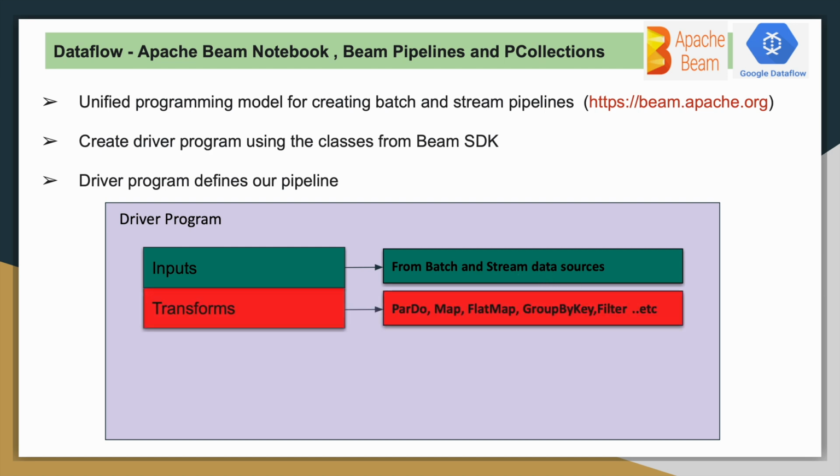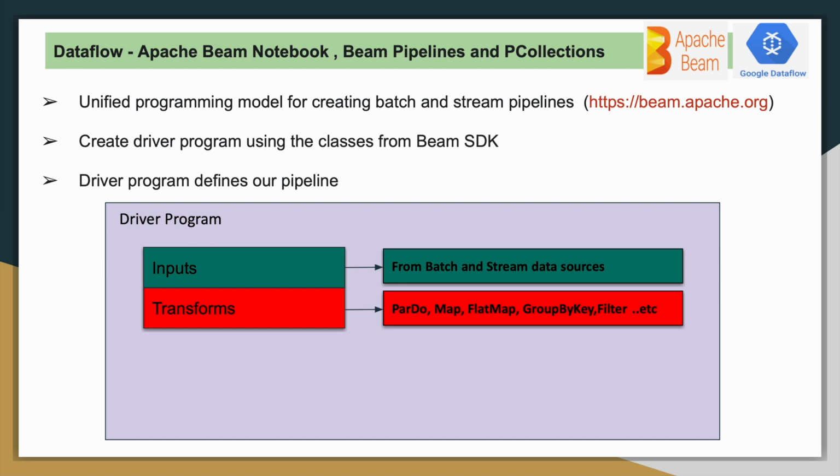This is input. The second thing is transformation. Transformation means we'll apply a series of transformations on top of PCollections, that is our input data. Transformation means we are going to change the form of data from one state to another state. We'll apply a series of transformations based on our requirement.